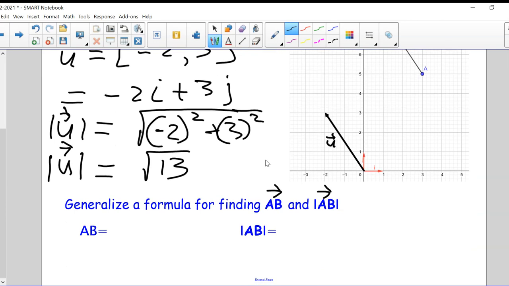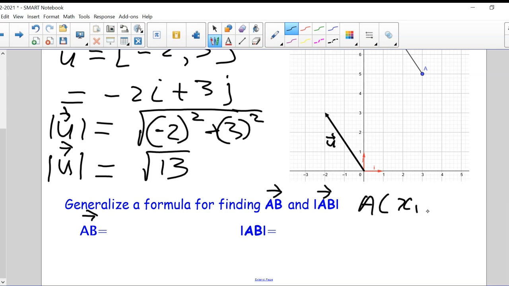Can anybody think of a formula that we could use to find vector AB? If we have two points, we have point A, and A has certain coordinates. In fact, I'll give you a clue: distance formula. Well, let's get to the vector that represents it first.